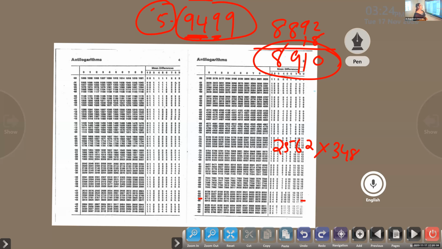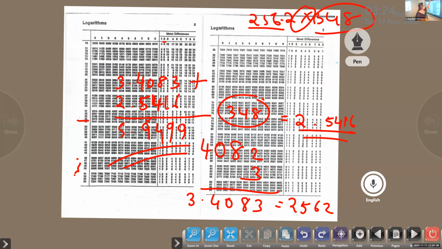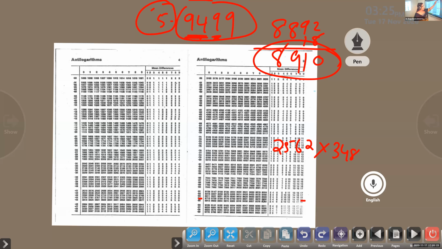Afterwards, add both. When you add, you will get a number. Then, corresponding to that decimal number, look in the anti-log. So 0.9488, 92, mean difference is 18 under 9. So 8 2s are 10, 1 1 11, 9 8 9, 1 0.